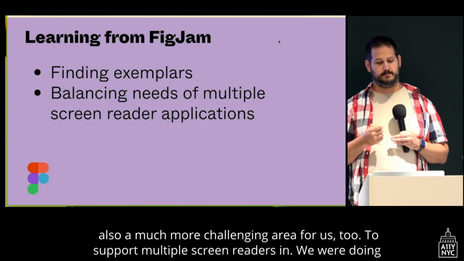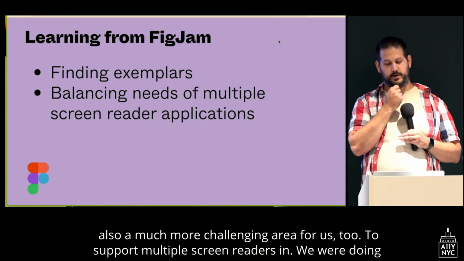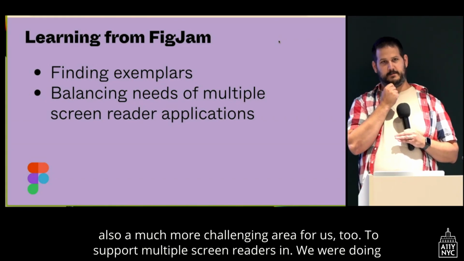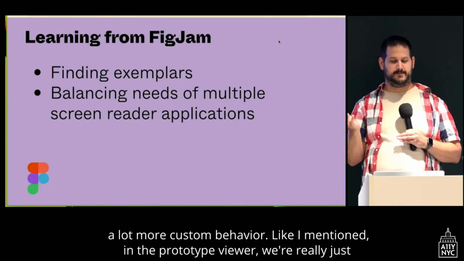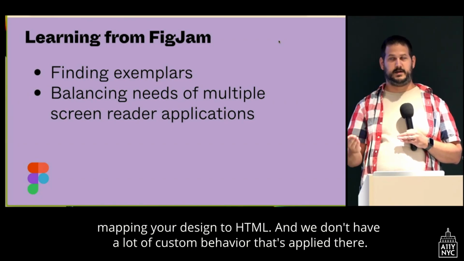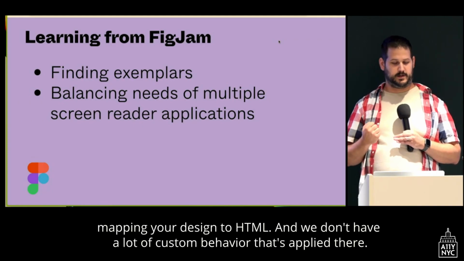This was also a much more challenging area for us to support multiple screen readers in. We're doing a lot more custom behavior. Like I mentioned in the prototype viewer, we're really just mapping your design to HTML, and we don't have a lot of custom behavior that's applied there.